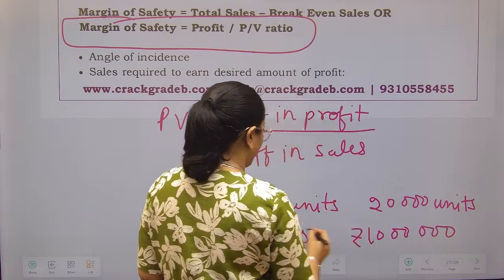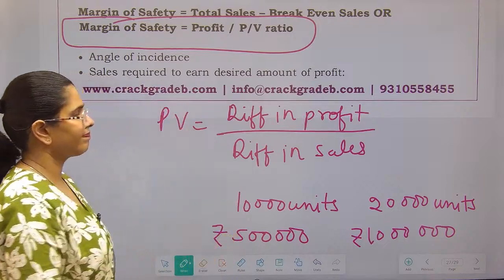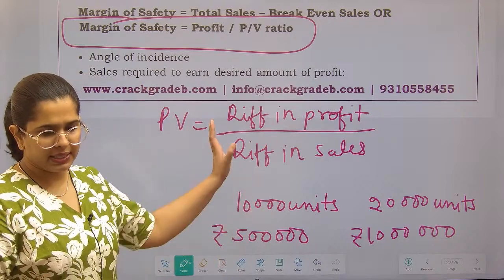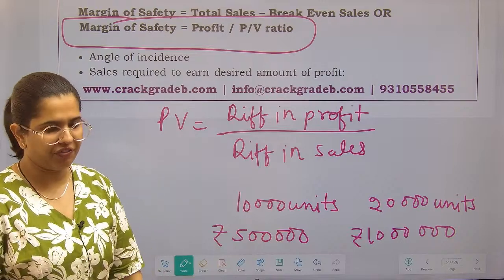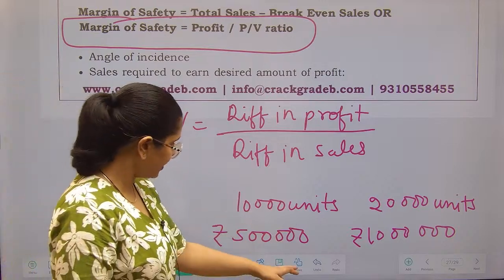So you need to find out the PV ratio. तो आप इससे फाइंड आउट कर सकते हैं डिफरेंस इन प्रॉफिट एंड डिफरेंस इन सेल्स, राइट?